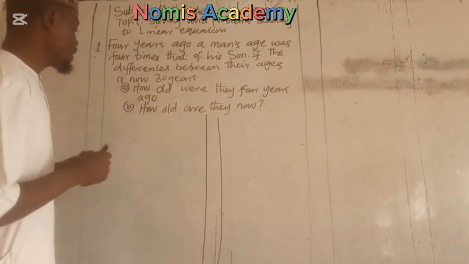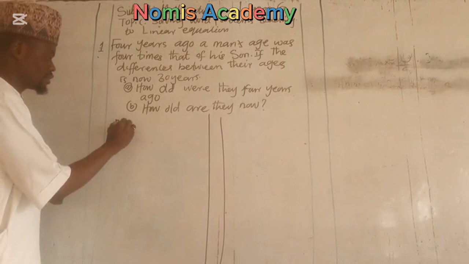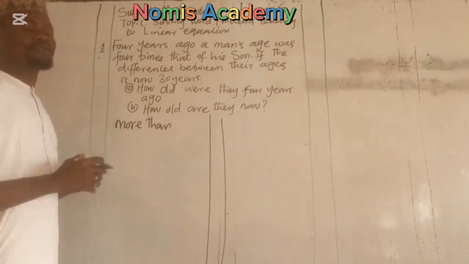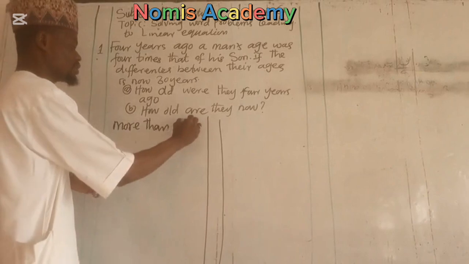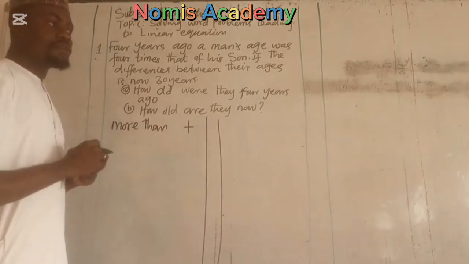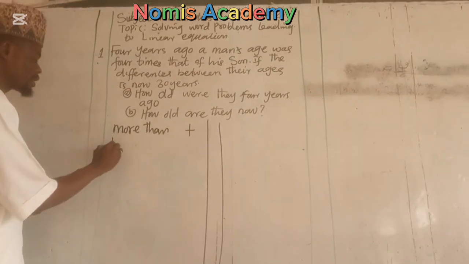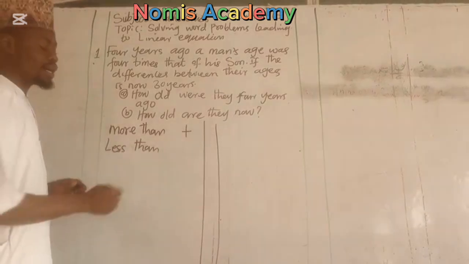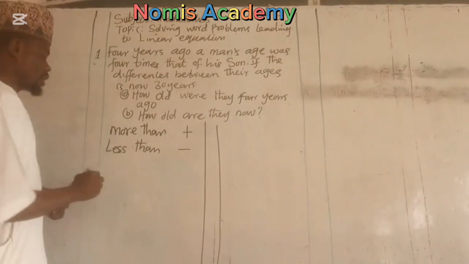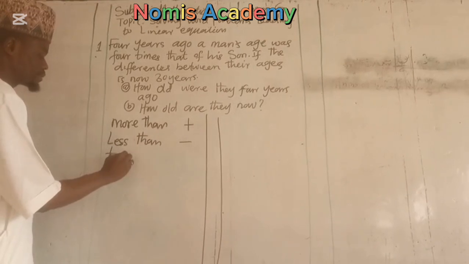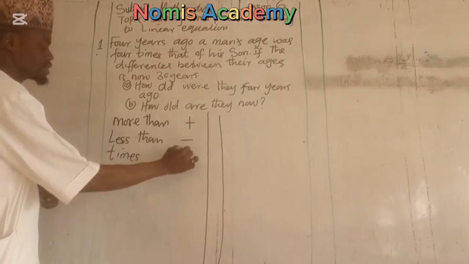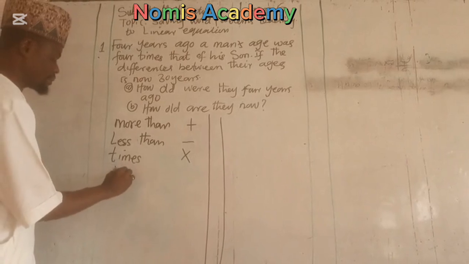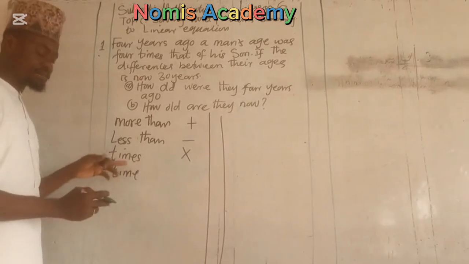The first thing is "more than." If you hear the words "more than," it simply means addition. And if you hear the words "less than," it means subtraction. If you hear the word "times," it means multiplication. There's a difference between "times" and "time."